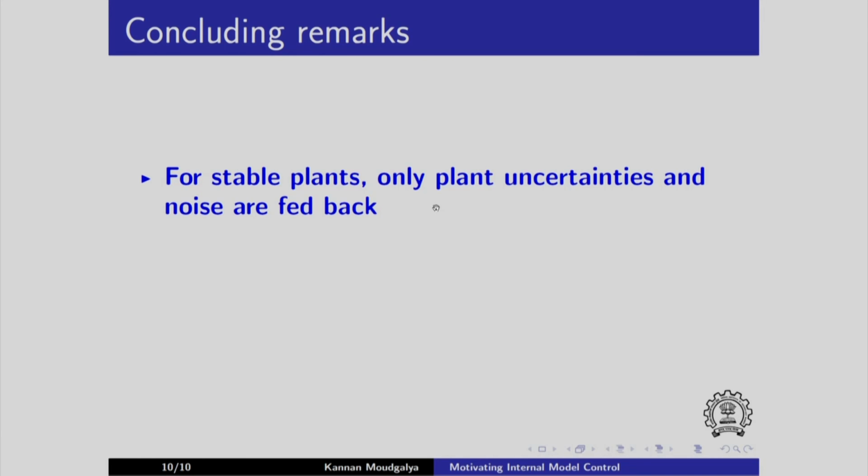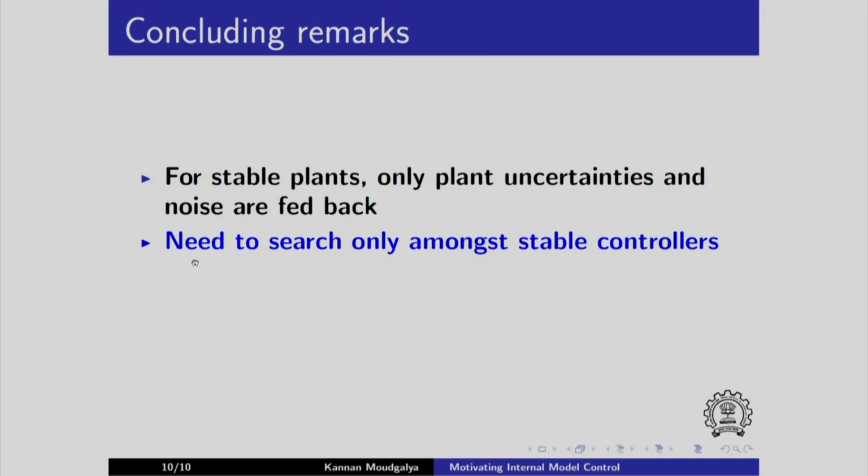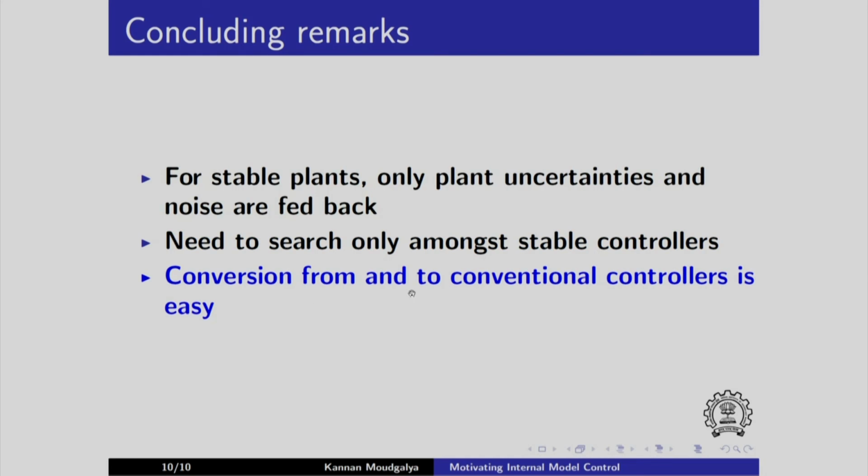If the plant is stable, we also need to search only amongst stable controllers to determine GQ. Conversion from and to conventional controllers is easy, as we saw earlier. So this is the strong motivation to consider internal model control law.